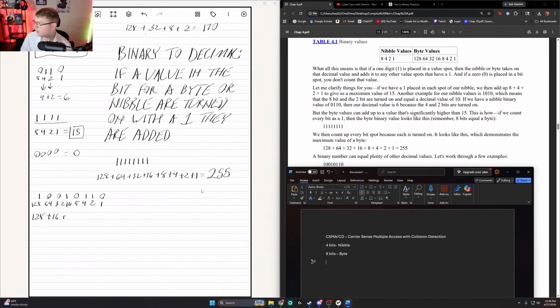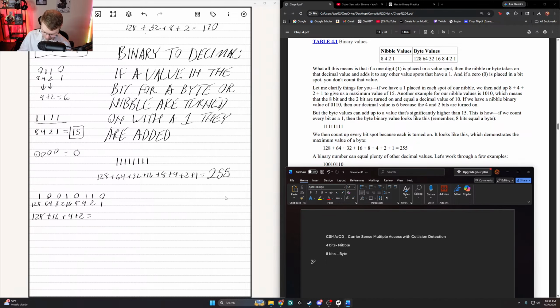Let me know if that air conditioner is too loud or annoying. Doesn't look like it's spiking my audio, so I think we're okay. We have 4 values turned on: 128, 16, 4, 2.